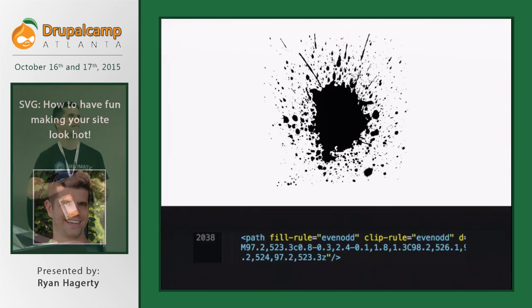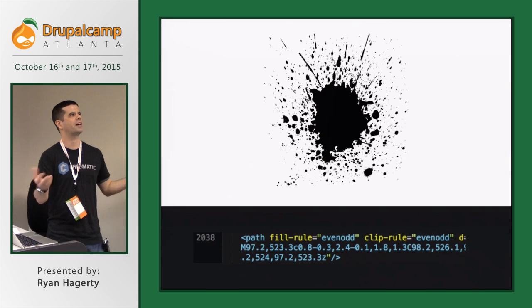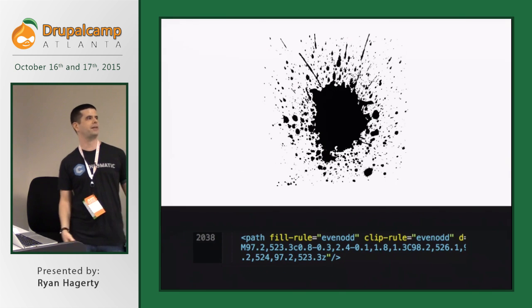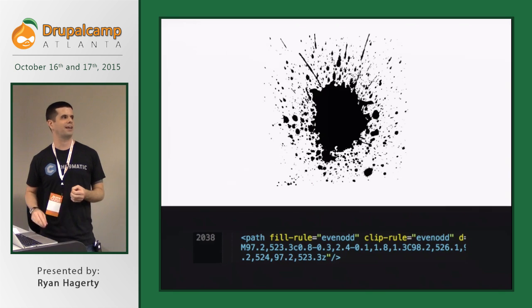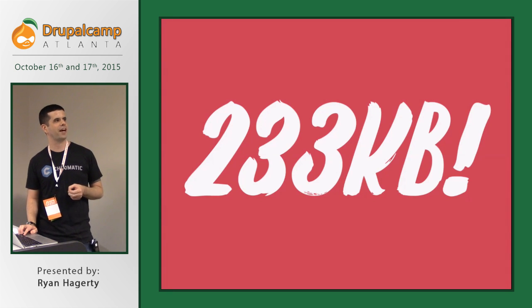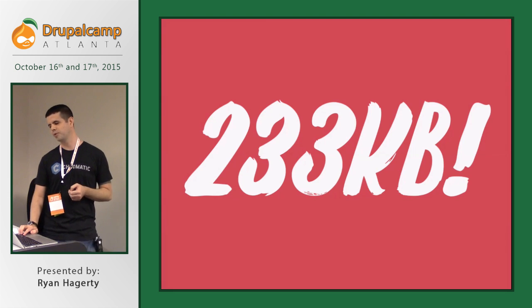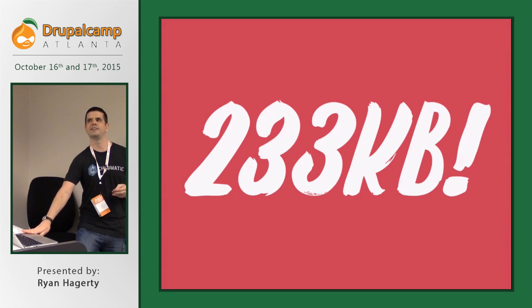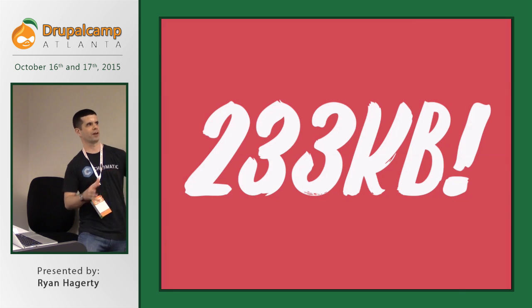Each one of those circles has like 20, 30 points on them, all stretched, splattered around. And if you look at the bottom, that is actually line 2038 of an SVG. And it's 233 kilobytes. So that is way too big to be working with, right? If you have to work with an SVG that's that big, then you might want to re-question whether you want to work with it.